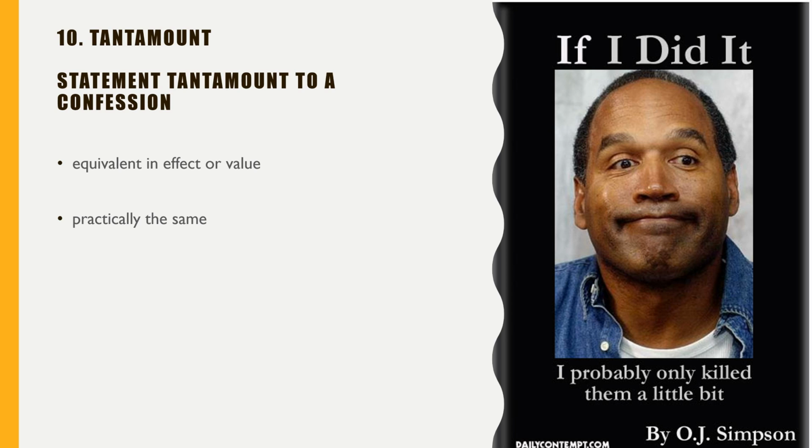And so this book was almost a confession that he actually did it, even though he's not saying he did it, but if I did it. So this is a statement tantamount to a confession. All right, sorry for the long-winded explanation, but I just want you to know the O.J. story for future reference.